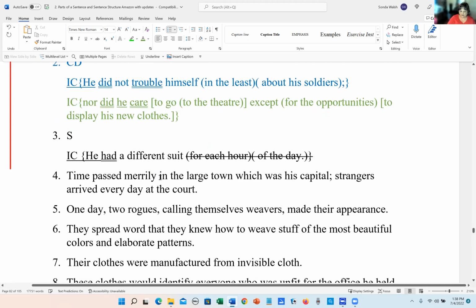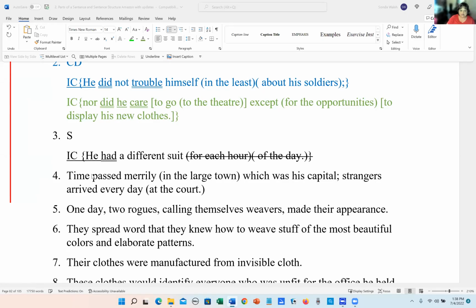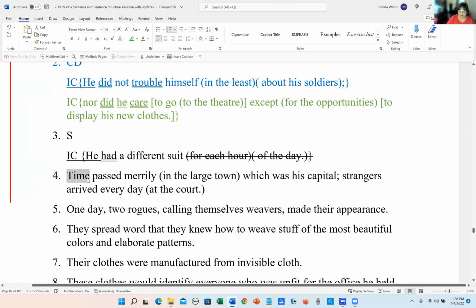All right, number 4, in the large town and at the court are prepositional phrases. All right, let's continue. Time is our subject. Past is a verb. Which is a subject. Was is a verb. And strangers is a subject.